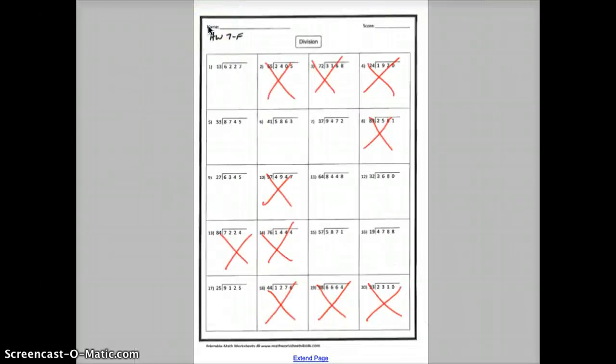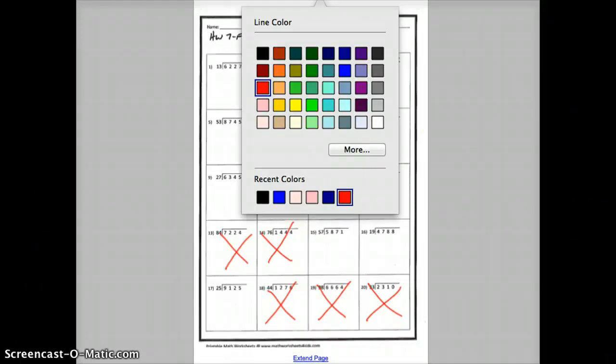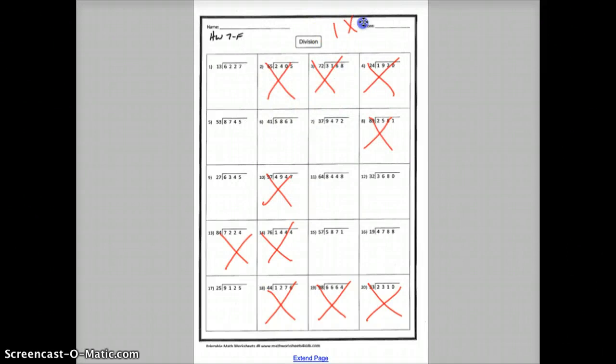Alright, so that's the numbers that you can cross out on your homework page today. When you are finished today, you are working on IXL, division, and the numbers are on the board. If you have questions, raise your hand, otherwise get started.